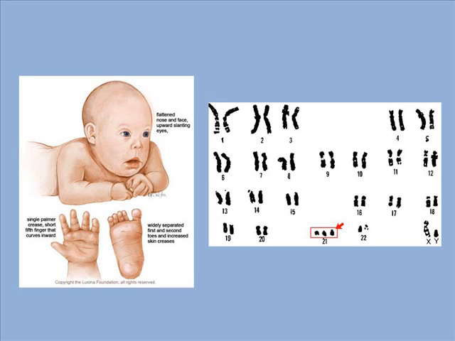At pair 2, you're supposed to have 2. All the way to your X and Y at the bottom, or an XX if you're a girl, you should have 2 chromosomes at each pair. However, if you look at the bottom at pair 21, which I've boxed in red, you'll see that instead of 2, there's an extra chromosome there. That's what's causing Down syndrome.